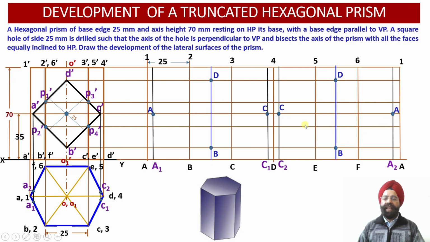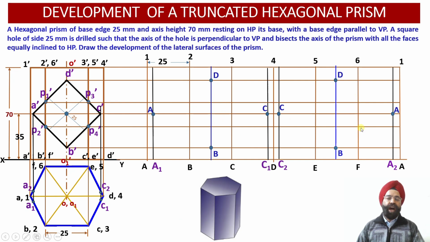Corner points A, B, C, D corresponding to the rear face of the solid have been located. Now we need to obtain 4 additional points P1, P2, P3 and P4 in the development surface view.